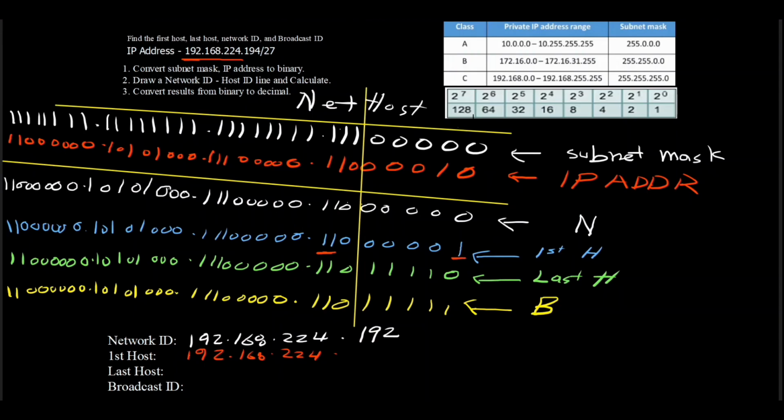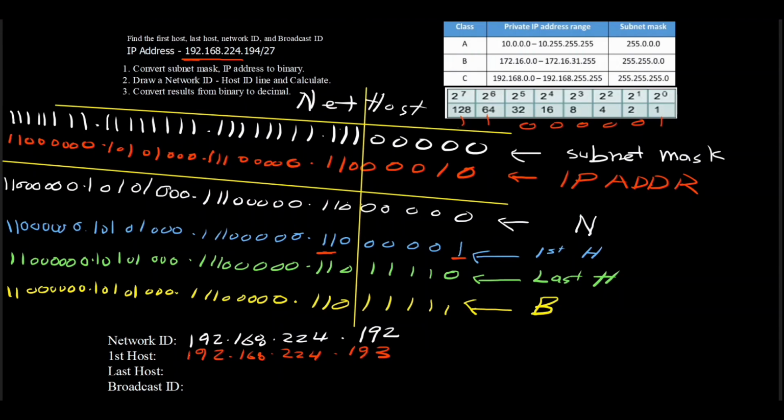If we put these ones and do the calculation here, we find that 128 plus 64 plus 1 is 193. That's it.